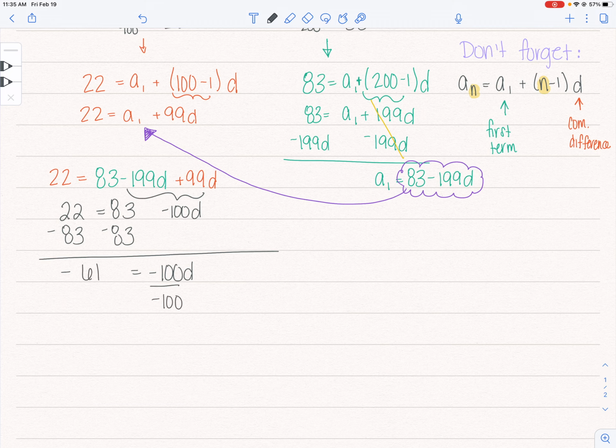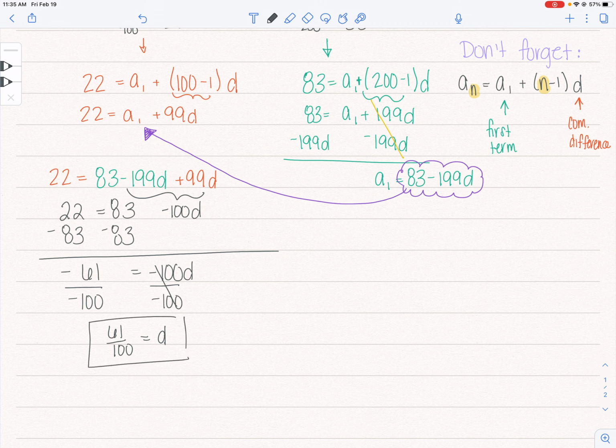Divide by negative 100, divide by negative 100, and it gives me D equals 61 over 100. Specifically, my math lab says to leave it in a simplified fraction or integer. So you would type it in as 61 over 100.